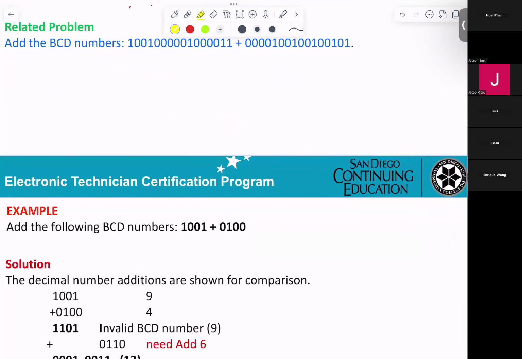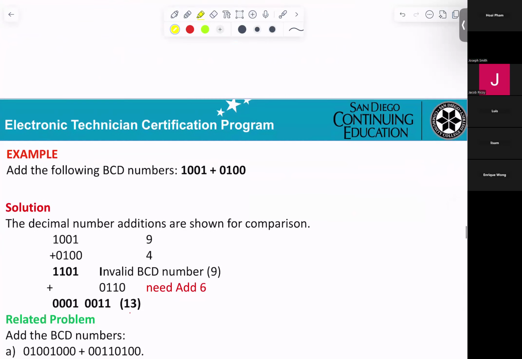Like add BCD numbers. Okay. You can see how they add 1001 adding to 0100. 1 adding to 0, 1. 0 add 0, 0. 0 add to 1, 1. 1 adding to 0 is 1. Okay, you get the number 1101.